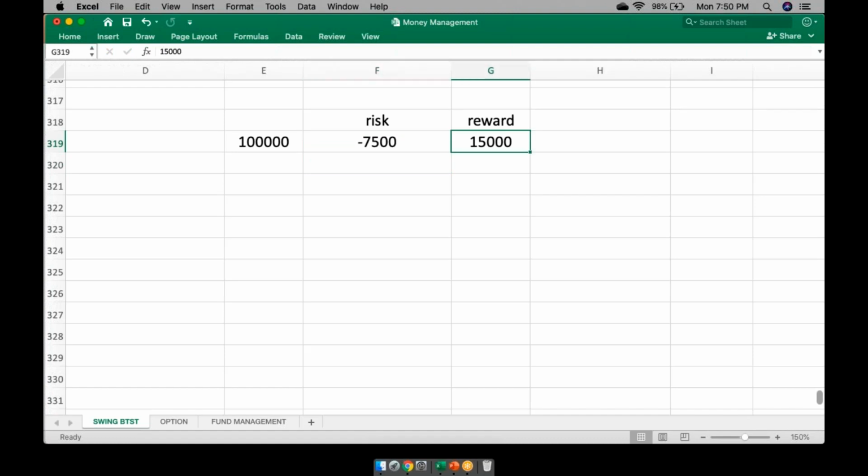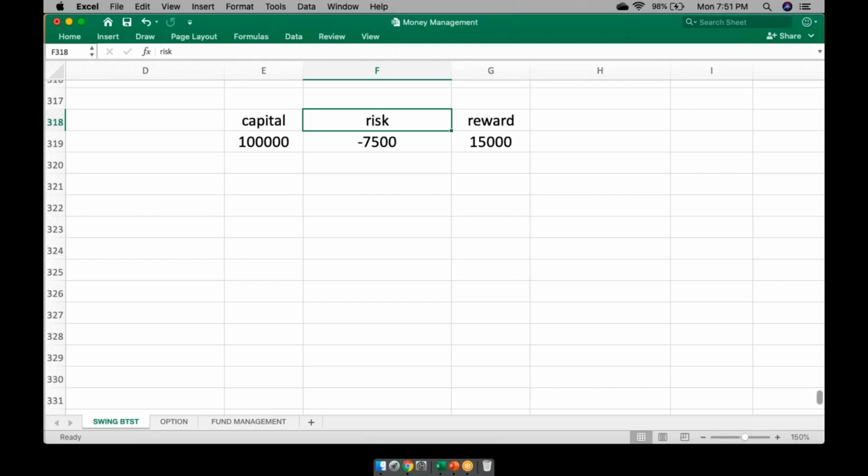Listen to this carefully again. My capital is 1 lakh rupees. I am ready to take a risk of 7,500.